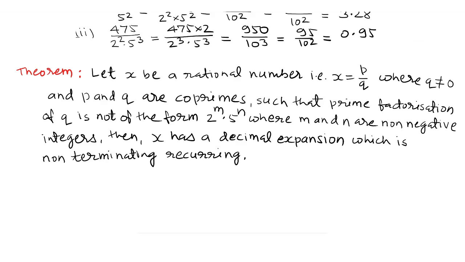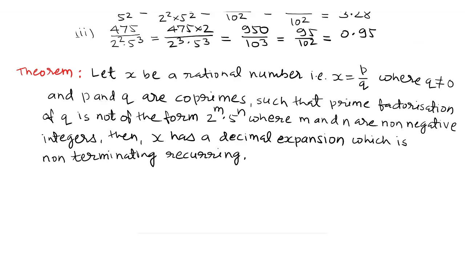That is, when the denominator is not of the form 2 to the power m into 5 to the power n, then the decimal expansion of the rational number is non-terminating recurring.